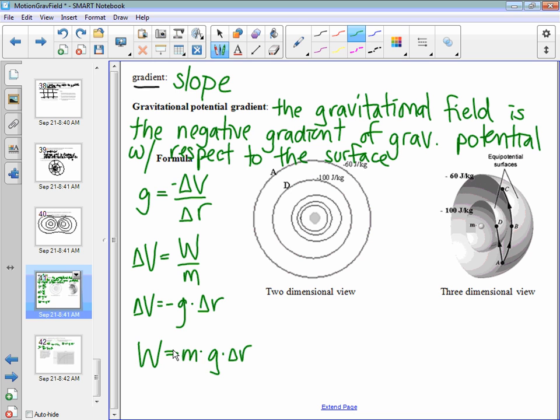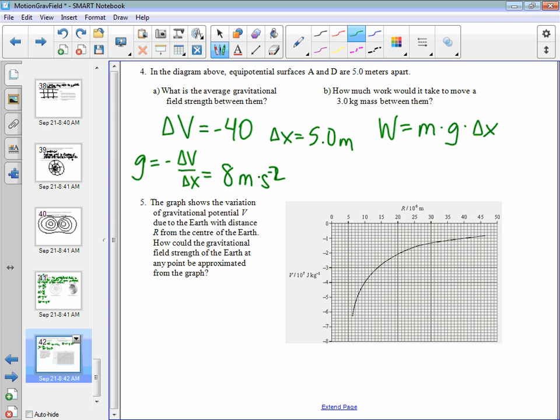Actually, for right now, I will keep the sign. So it's negative 3 kilograms times 8 times 5 meters, negative 120 joules. Basically, it means we're removing energy from the system. We're going to talk more about what negative work means when we get to the next chapter on thermodynamics. Positive work means we're adding energy to the system. Negative work means we're removing energy from the system.